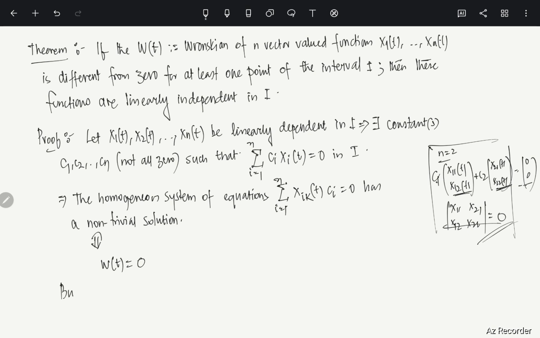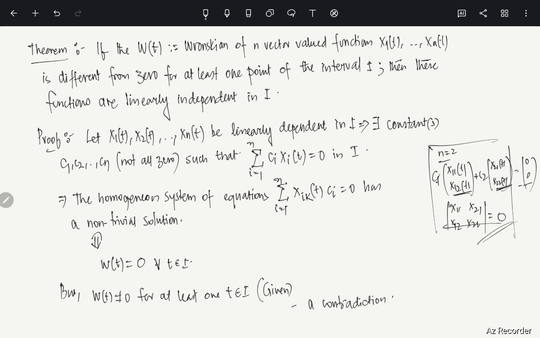But it is given that the Wronskian of t is different from 0 for at least one point, while this says the Wronskian is 0 for all t in I, right? But the Wronskian is not 0 for at least one t in I. That is given, which will actually give you a contradiction. I hope this is clear.